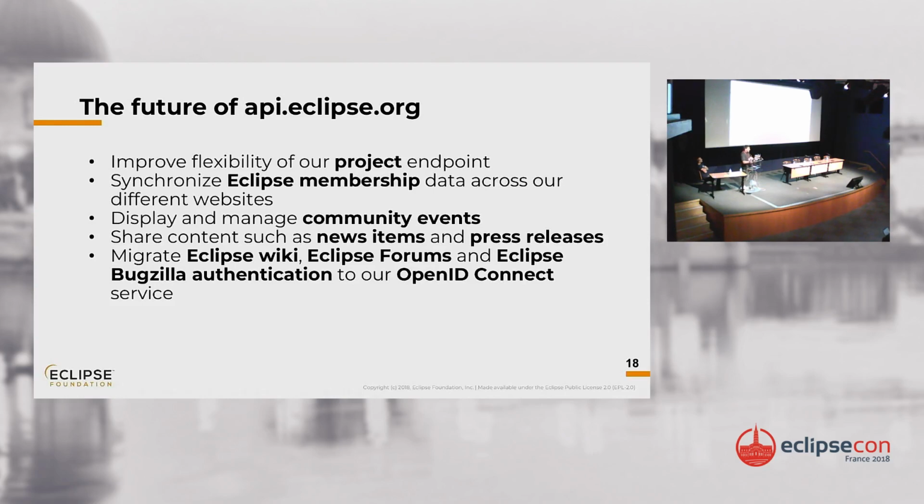So again, if an Eclipse project is interested or requires people to log into an account, that's another service we can offer. We can grant you access to our OpenID Connect service, and you could technically allow people to log into your site using their Eclipse credentials. That's done by opening a bug on Eclipse Bugzilla.